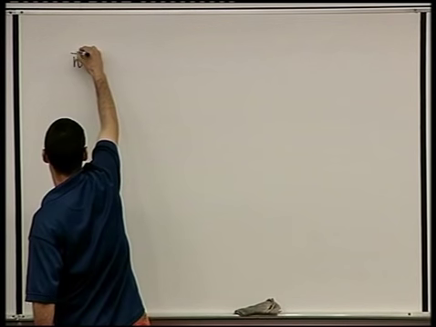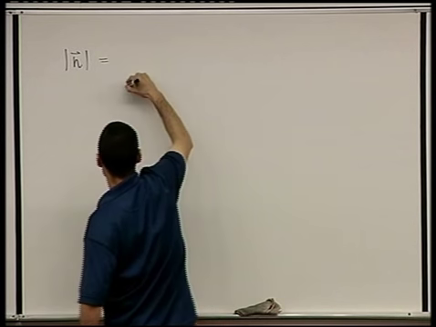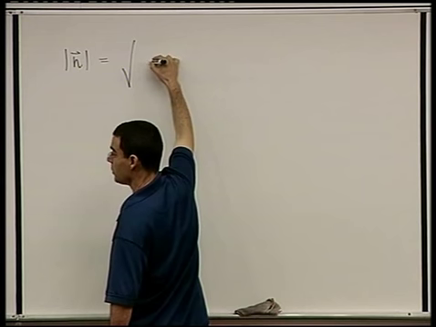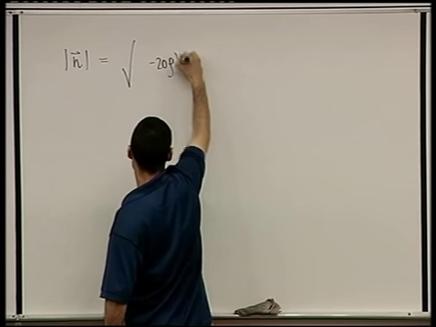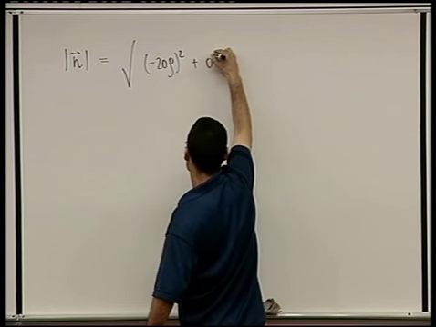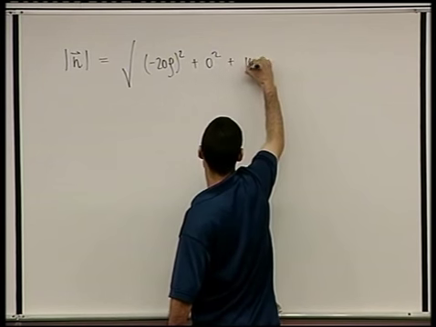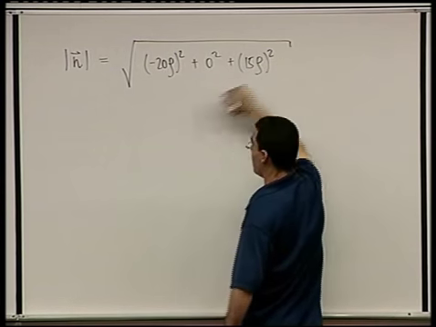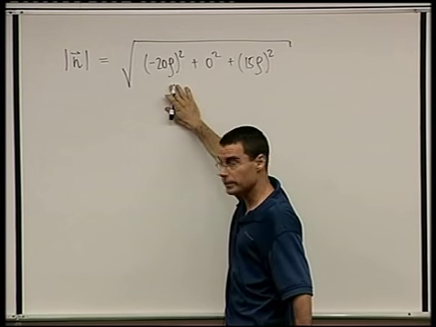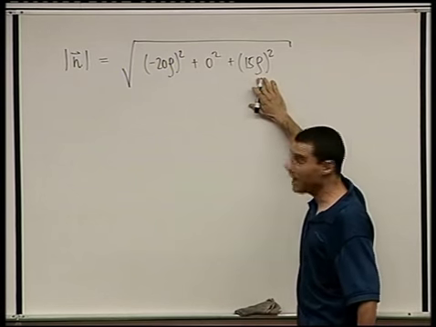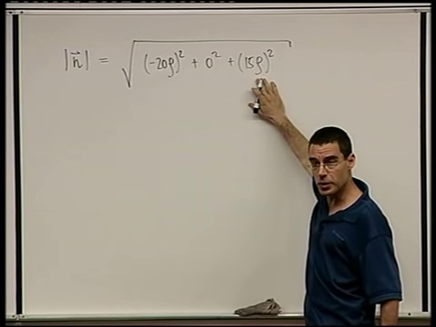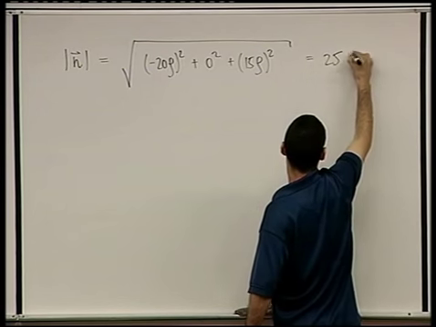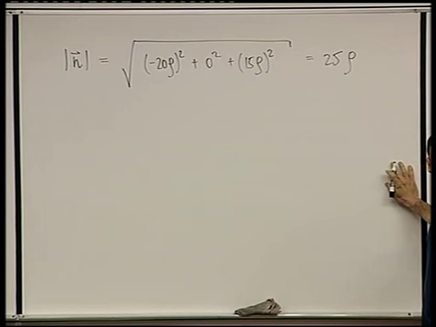So the length of the normal is the root of the sums of the squares of the components. So it's minus 20 rho squared plus 0 squared plus 15 rho squared. So this is 400 rho squared plus 225 rho squared, which is 625 rho squared. And the root of that is 25 rho. Good?